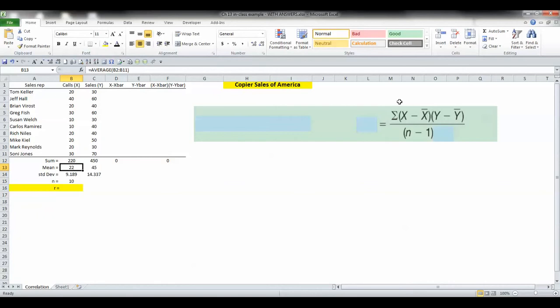Now, what you see here is the formula for what's called covariance. And covariance is a measure of how the two variables are related.